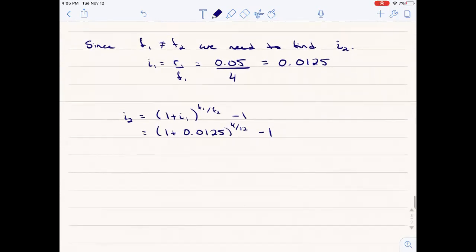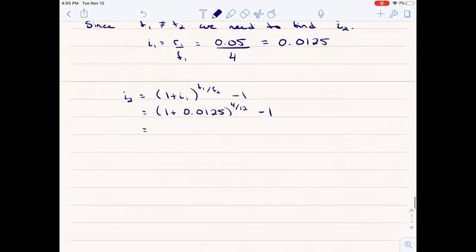Otherwise, what would we be doing? If we left it at 1.004, we'd have 100% per month, which doesn't make sense, right? And so that's why we have to have the minus 1. So minus 1 is 0.004149425.